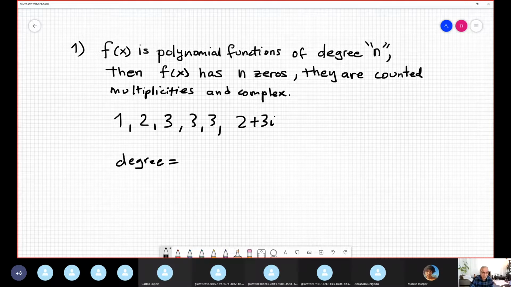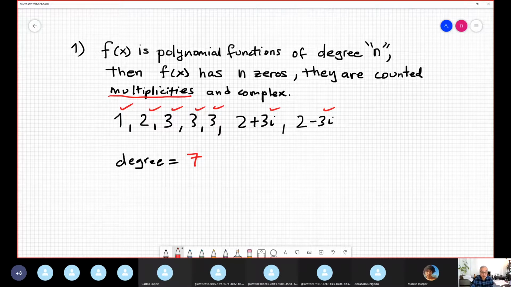We have 1, 2, 3, 4, 5. So you count 3, 3, 3 like a 1 because it's a multiplicity. And the complex never comes only once, but by a pair of conjugates. This is 2 minus 3i, of course. So the degree is 1, 2, 3, 4, 5, 6, and 7. Degree 7.